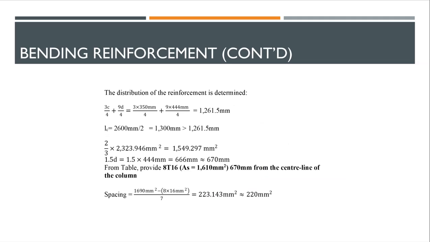Similar to example number 1, kita kena tengok the distribution of reinforcement. Seperti tadi as I said, the arrangement of reinforcement tu macam mana. Okay, using the formula of 3C over 4 plus 9D over 4. Okay, so 3C, you see here referring to column width. Just remember, kalau you nak senang lah, dalam foundation ni memang C ni ada 2, which is column width and concrete cover.